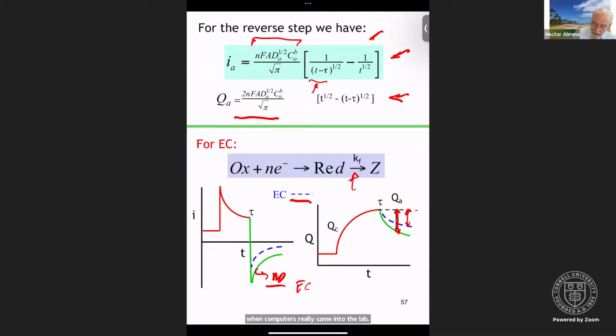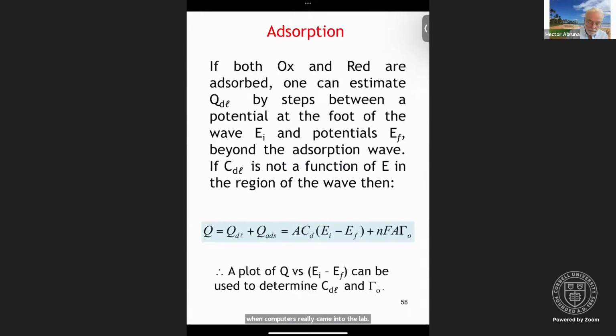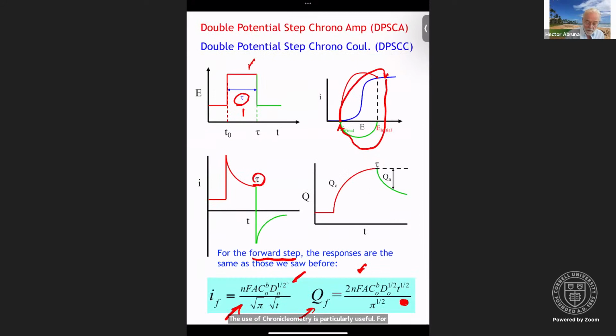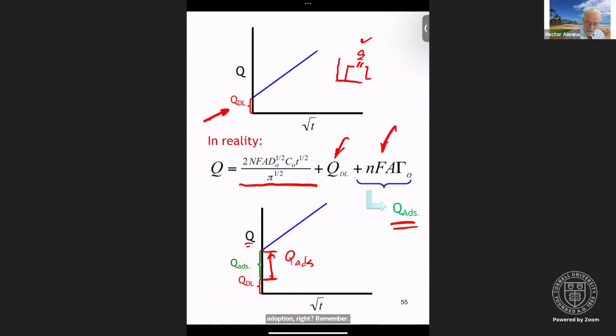Now, the use of chronocoulometry is particularly useful for adsorption, right? Remember that we were very sensitive, right, from these types of plots.